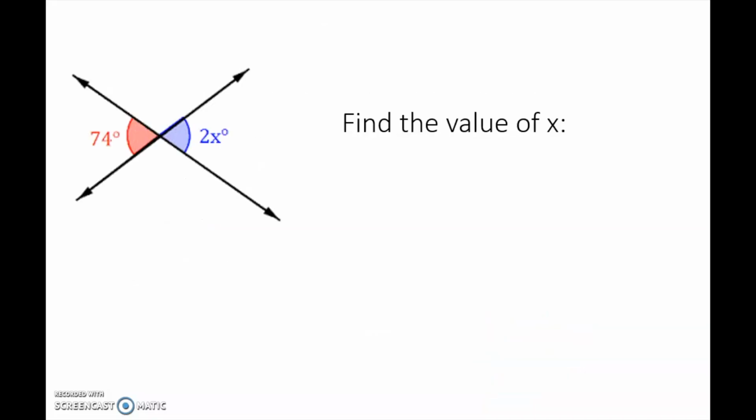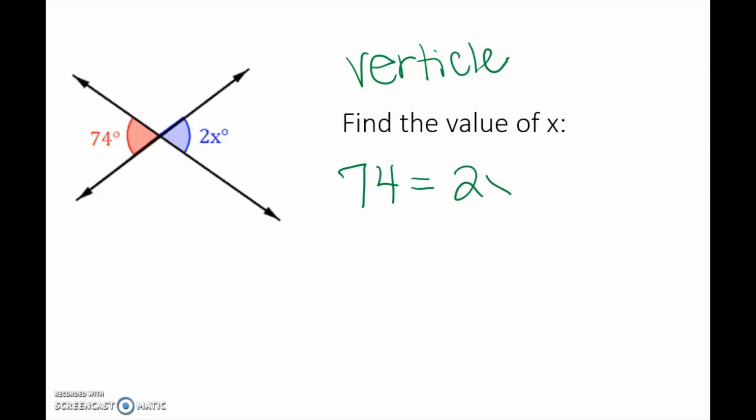So let's look at some examples. Here's our first example. We can see that the red angle and the blue angle are vertical because they're across from each other. We also know that vertical angles are equal. So we can write an equation that says the red angle, 74 degrees, is equal to the blue angle, 2x.